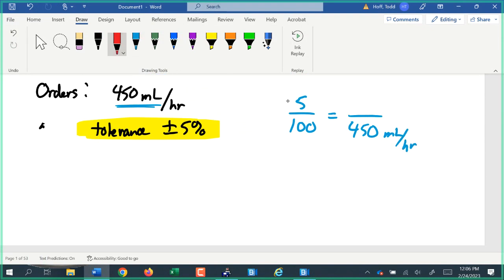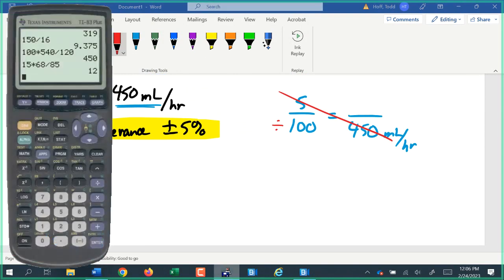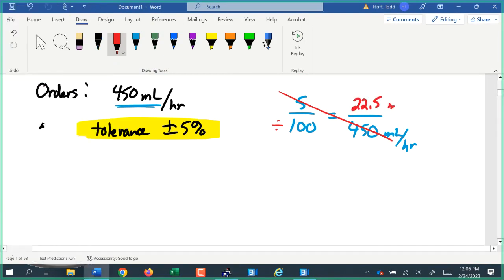And we cross multiply and divide. 5 times 450 divided by 100, giving us 22.5. What that's saying is we are allowed to be off by 22.5 milliliters per hour.